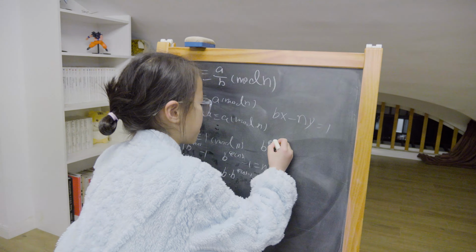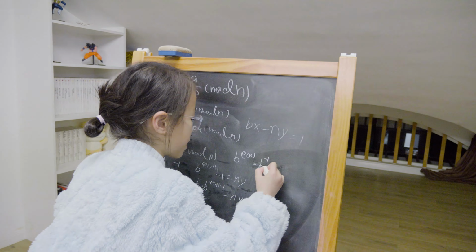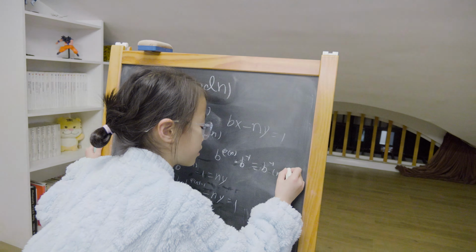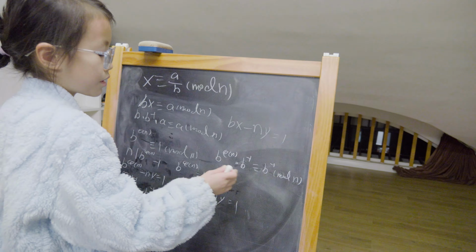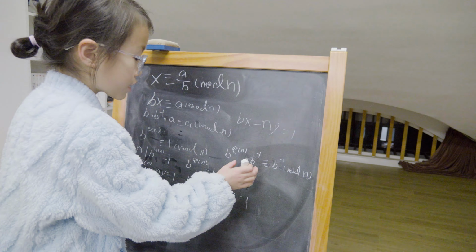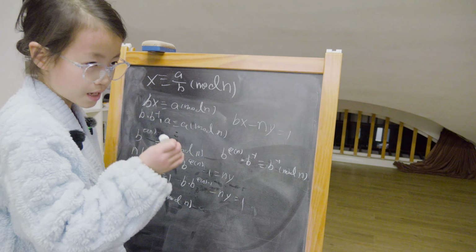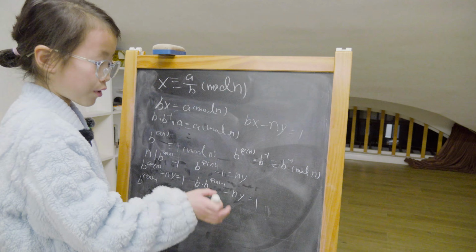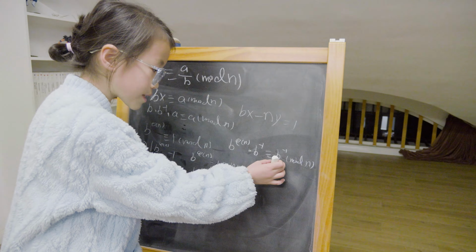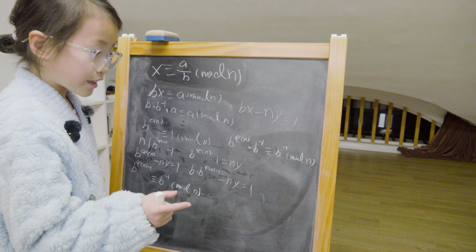We have b to the phi of n times b to the negative 1, congruent to b to the negative 1 mod n. We can let the b to the negative 1 on the left side be represented by a fraction, and the b to the negative 1 on the right side be represented by an integer.